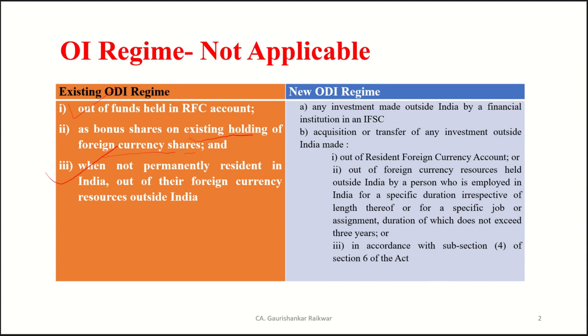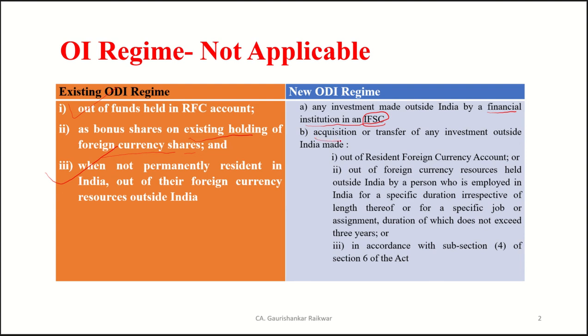Now, in the new ODI regime, the exceptions for the applicability of the ODI regime are as under. First is any investment made outside by a financial institution in IFSC. So the first category is if any financial institution is making any investment in IFSC Gift City, Gandhinagar, then it is exempt, that is, ODI is not applicable.